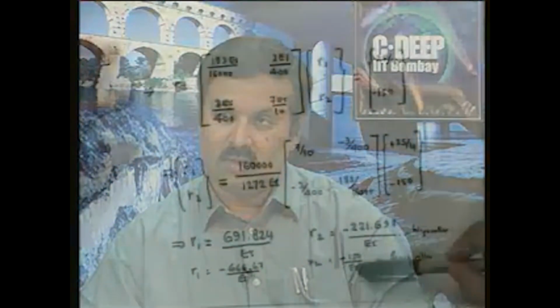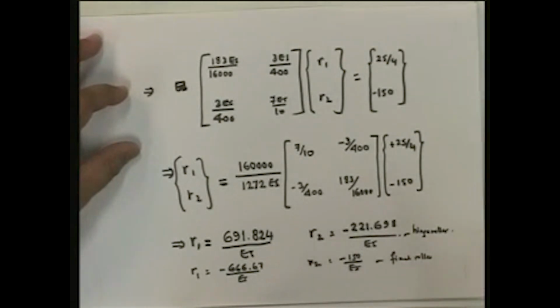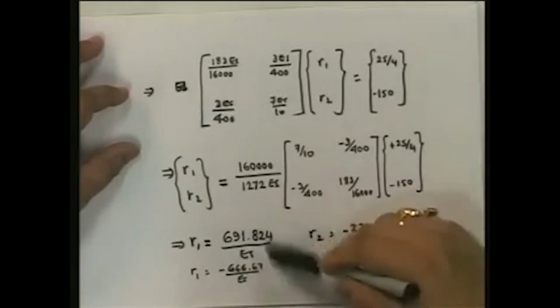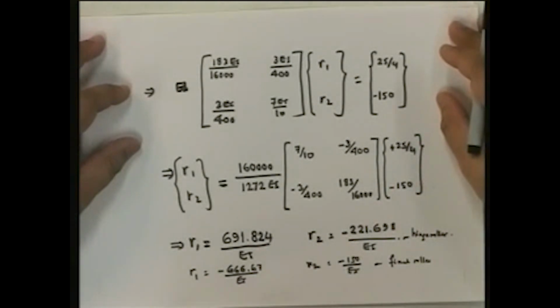Look at that. It's less. Now the point is, when I remove the restraint, I made the structure more flexible, and therefore the displacements have to go up, and they have gone up. So the behavior of the structure is actually reflected in the results that you get. This is very, very important. So the displacements have gone up.